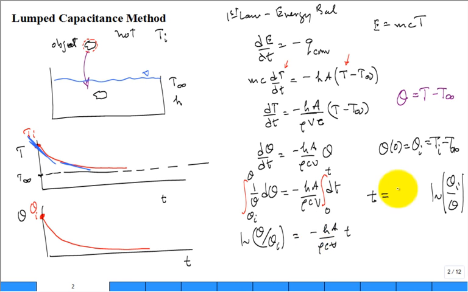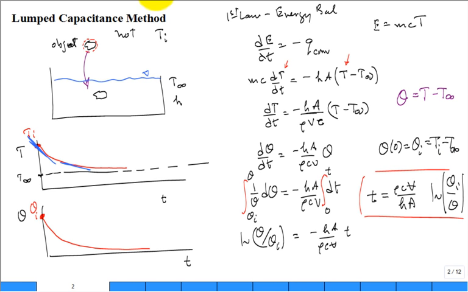Okay, you'll get rho c V divided by hA. That's one useful expression. Somebody says, I take this object, I change its environment, and the lumped capacitance model is valid, and I'm just looking at temperature as a function of time. How long does it take for the temperature to change from this initial value to that final value?